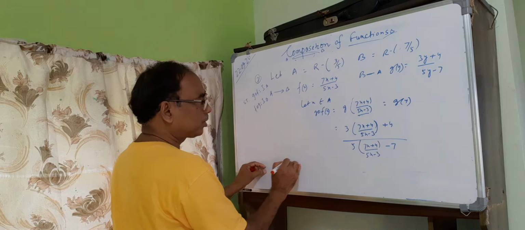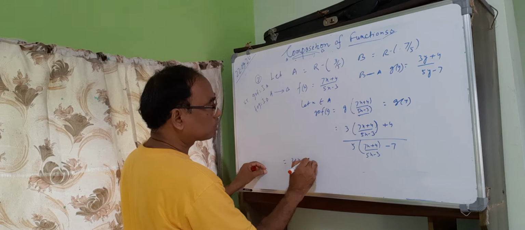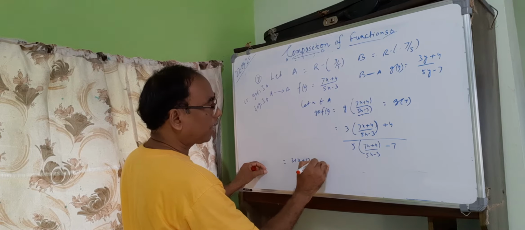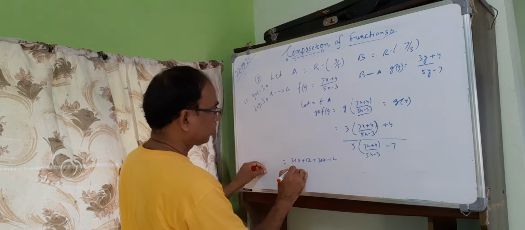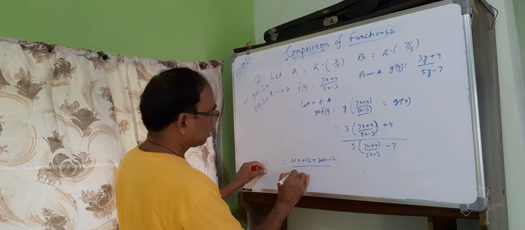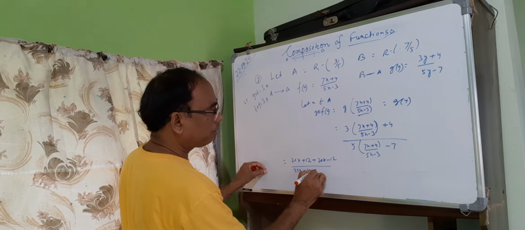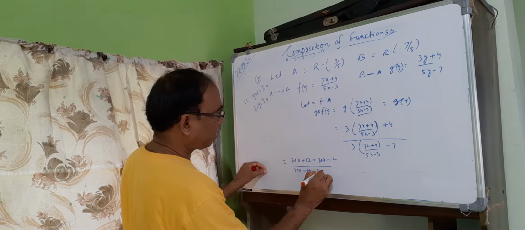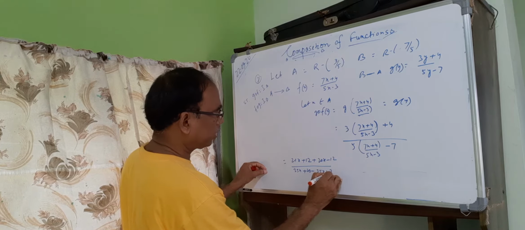Now let us break it. 21x plus 12 plus 20x minus 12, over 35x plus 20 minus 35x plus 21.